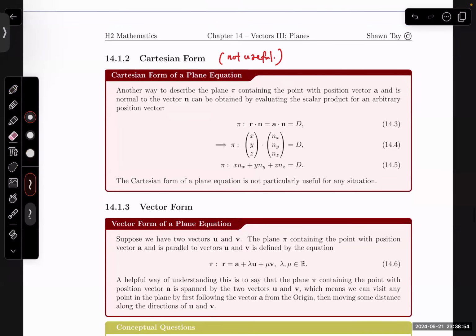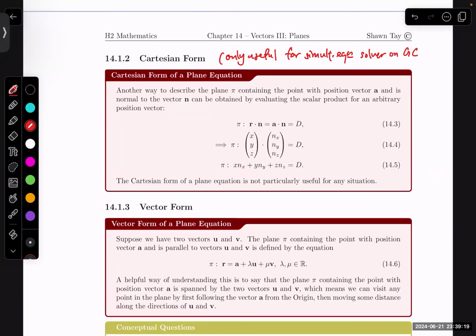Let's point out, it's only useful for the simultaneous equation solver on the GC. This is only useful for this specific case when you use the simultaneous equation solver.